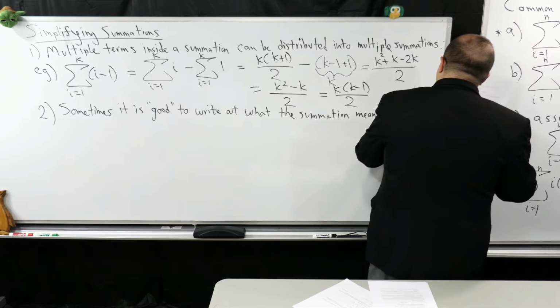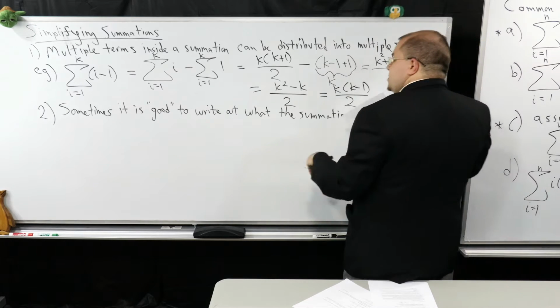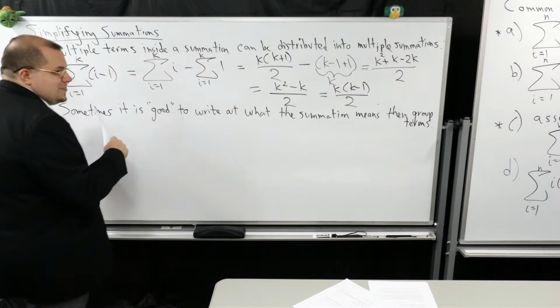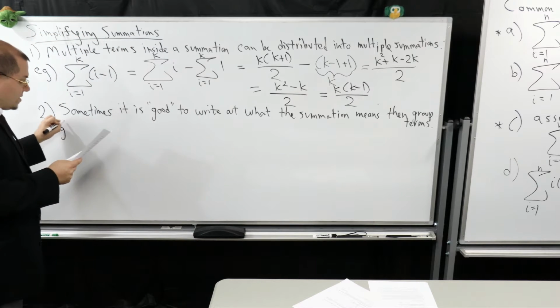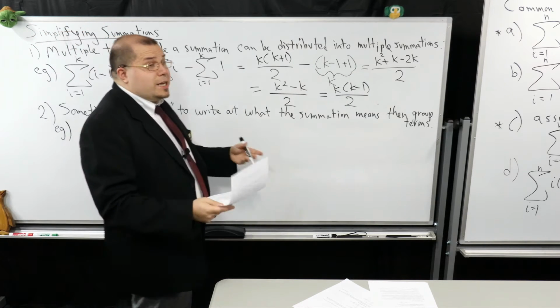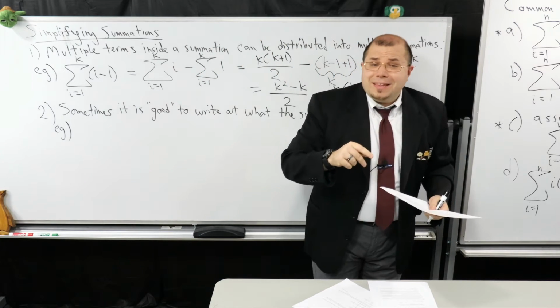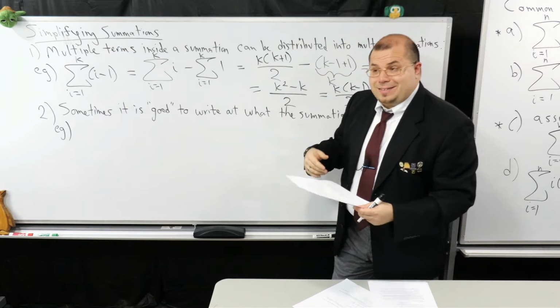So then group terms. Just as an example, I'm going to show you something that looks really complicated, but with a small little bit of hindsight, we can actually make it look really simple.